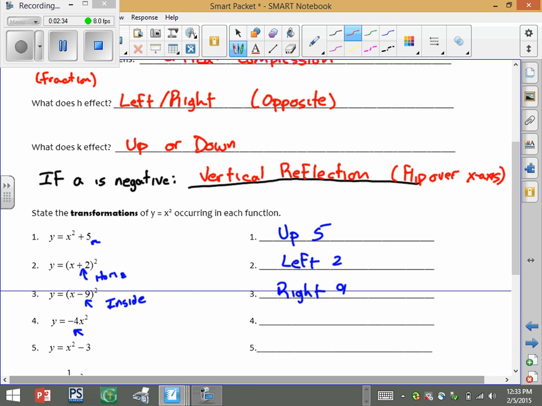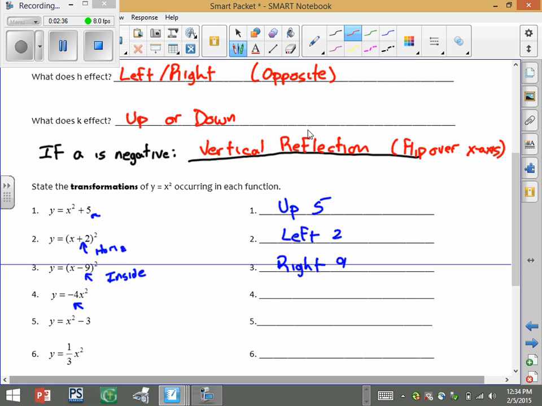Again, that's stuff that we've discussed before. So we can see we've got the negative 4, so we've got two things happening. One, it's a vertical reflection, followed by, since that's 4, a vertical stretch times 4. Here, the minus 3 is on the outside of the x squared, so that's going to move it down 3.